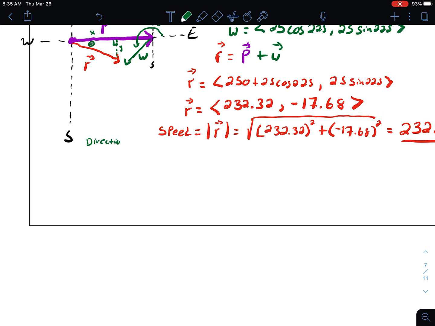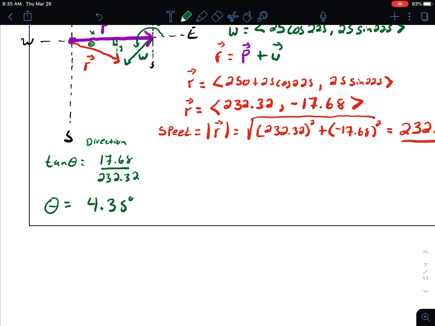So for the direction of the plane, we're going to use tangent. So tangent of theta is equal to, keep the components positive, so y over x, so 17.68 divided by 232.32. Then we use inverse tangent, and we'd get theta here.